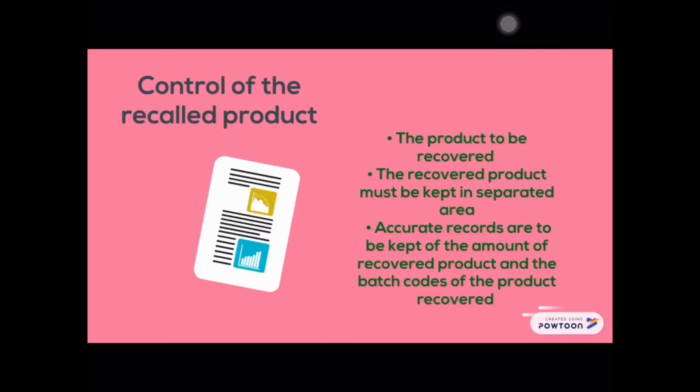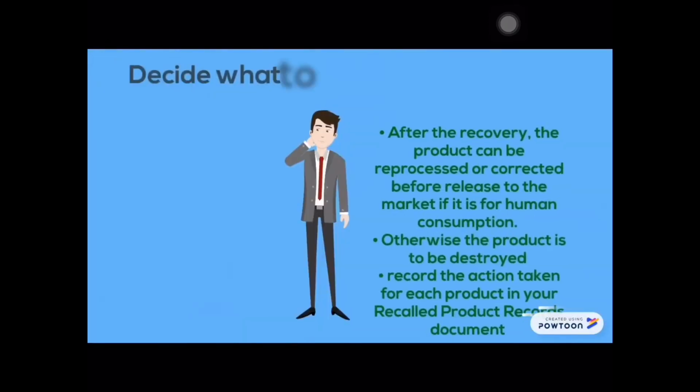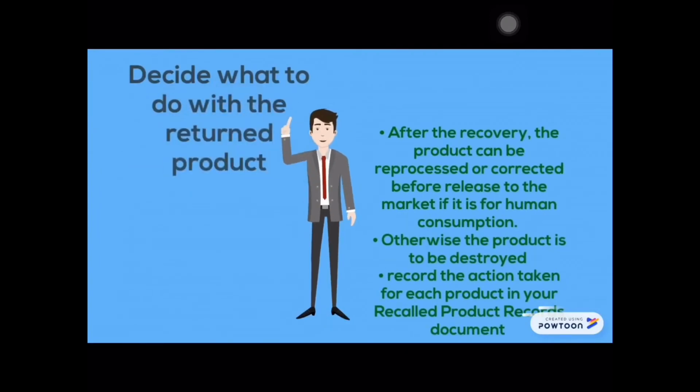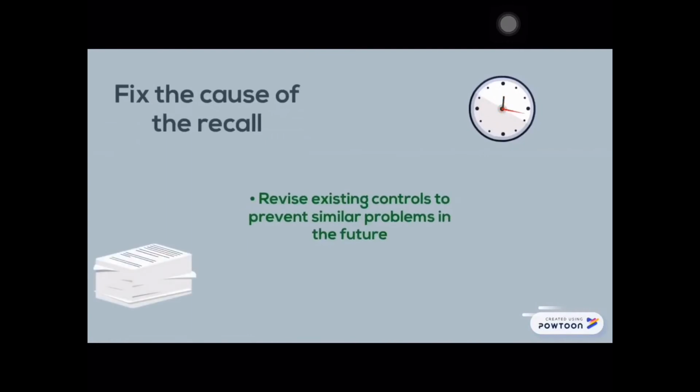The recovered product must be kept in a separated area, and accurate records are to be kept of the amount of the recalled product and the batch code of the product to be recovered. Then the following step will be deciding what to do with the returned product. Finally, determine the cost of the recall.